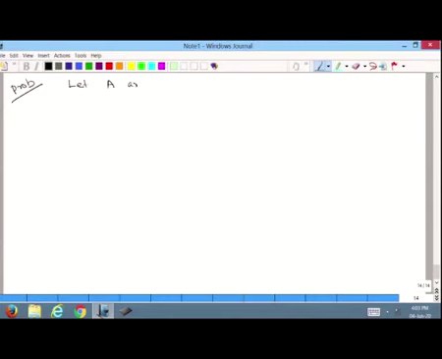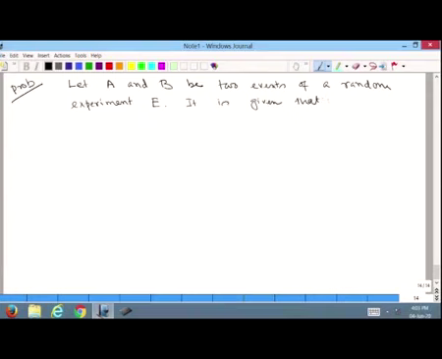Let A and B be two events of a random experiment E. It is given that one, probability of A union B is greater than or equal to 0.5 and two, probability of A intersection B is less than or equal to 0.375 and greater than or equal to 0.125.